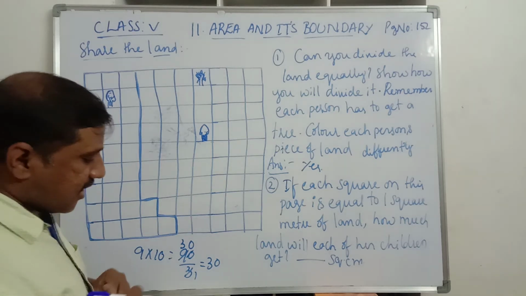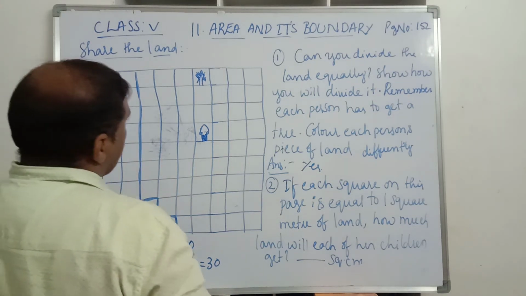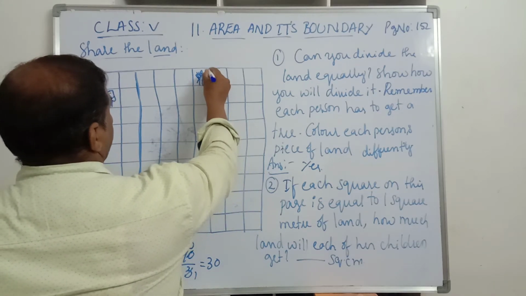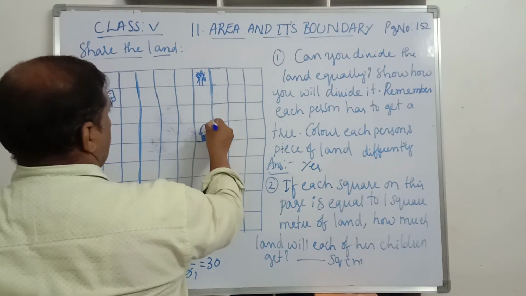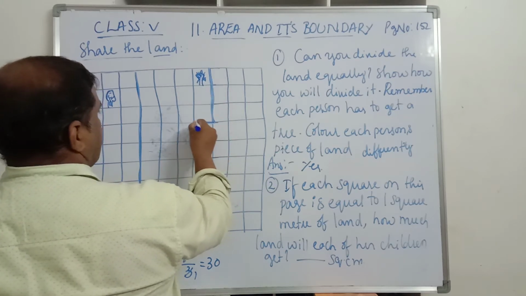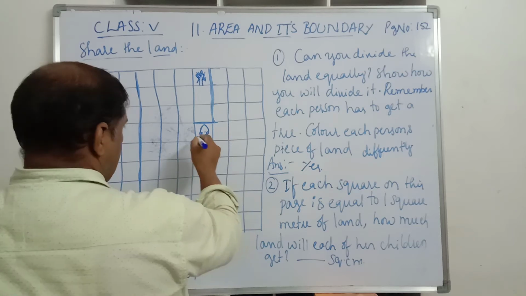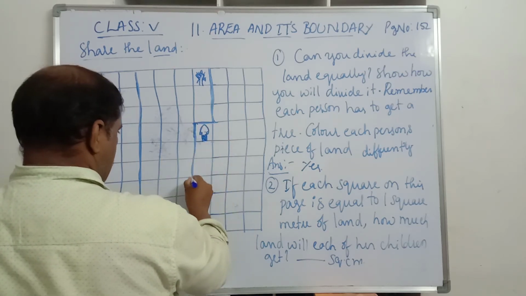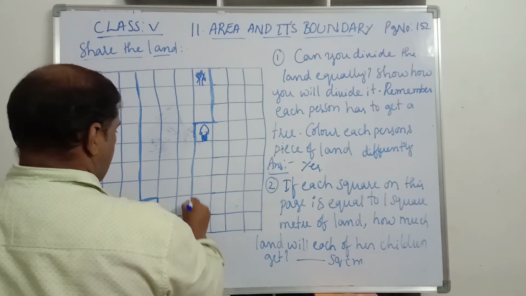She got 1 tree. Next, for one more child we will do it like this. Then you divide this like this. So we will get one more piece of land.